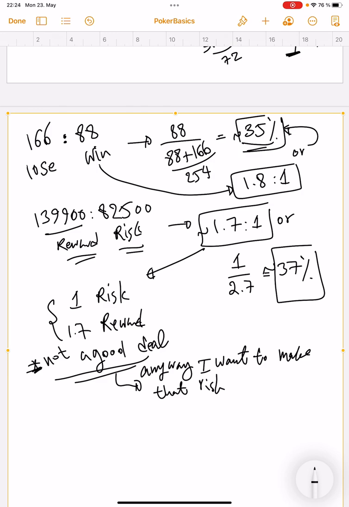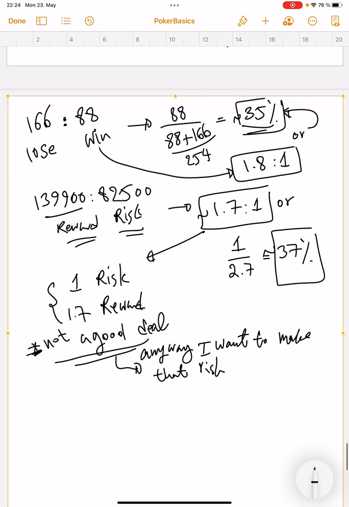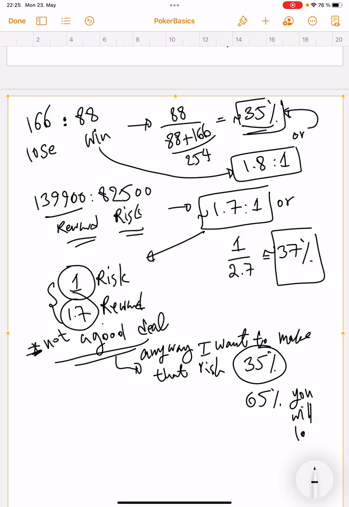How many times am I winning? The probability that we calculated ended up as 35%. So this means you risk 1 in order to get a reward of 1.7, and if you take this risk, 35% of the times you will win, and 65% of the times you will lose.